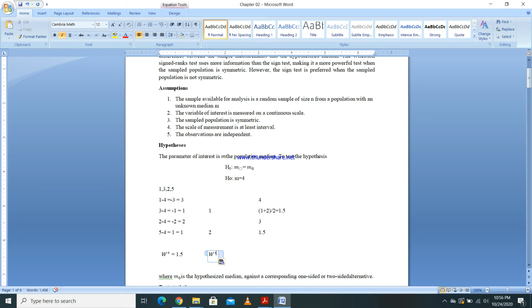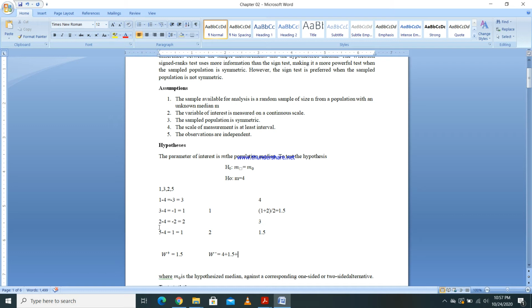So the W minus value is the summation of the ranks of the negative differences. Here you have a negative difference, rank is 4, so you take 4 plus. Here you have a negative difference and the rank is 1.5, so 1.5 plus.